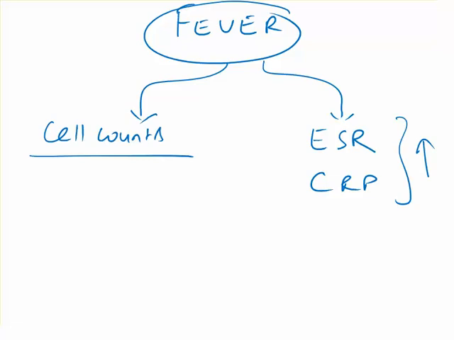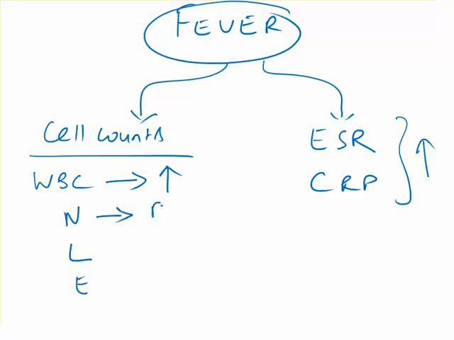Now for cell count, we see especially total WBC count. If it is inflammation, it will be increased. Most commonly in all inflammatory responses, it will be increased. Then we see 3 WBCs especially: neutrophil, lymphocyte, eosinophil.